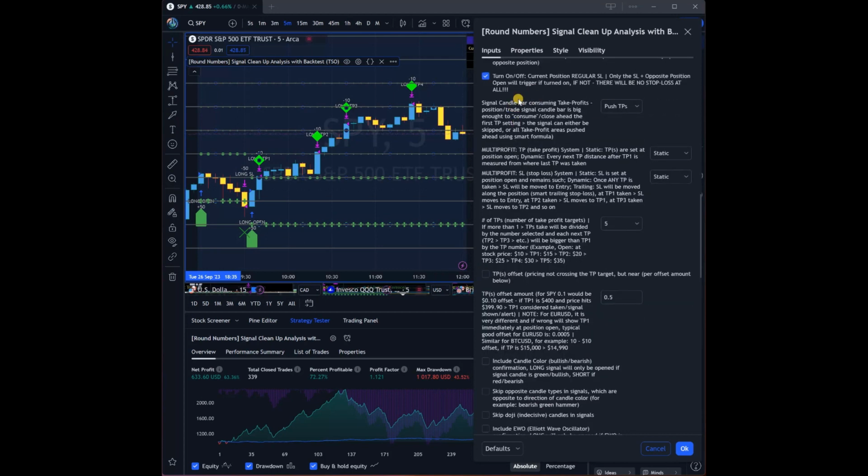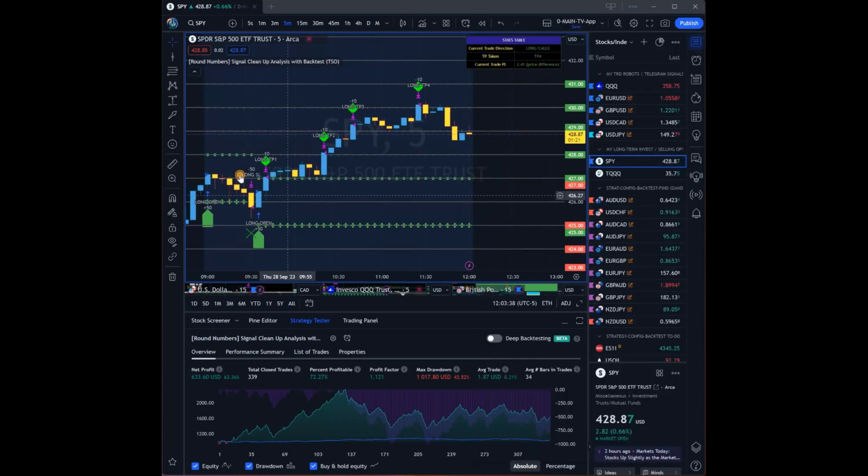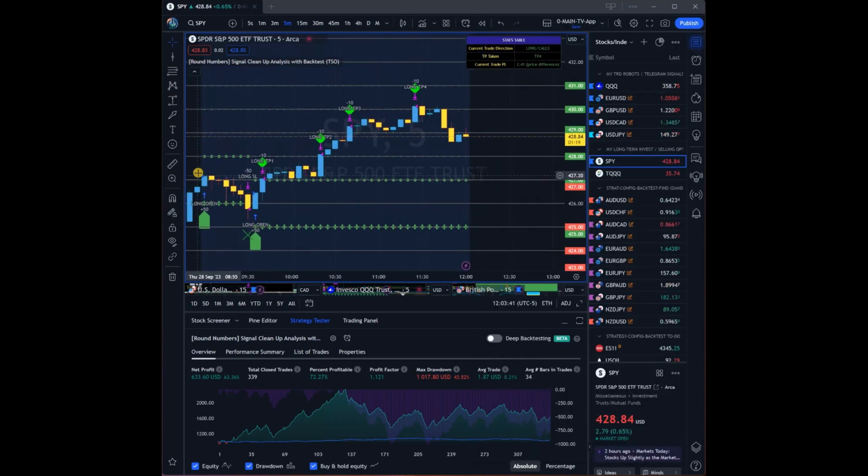Now push. This is basically push TP, or skip signal. This is for when there's a big candle, like this one, which closes beyond the first take profit line.